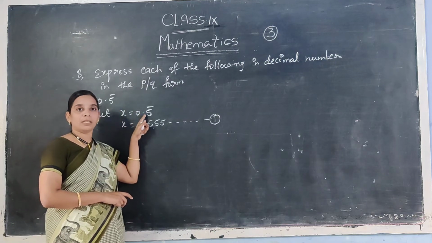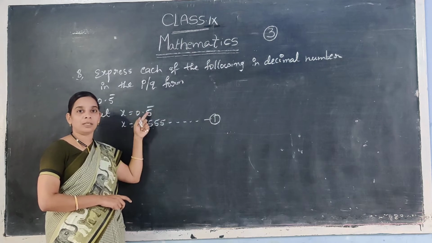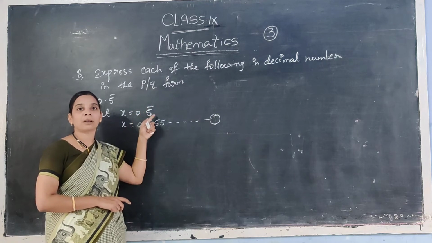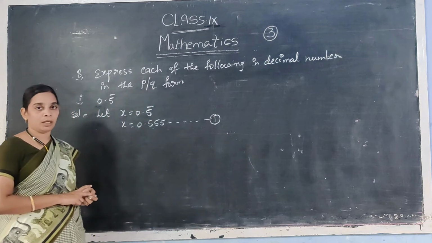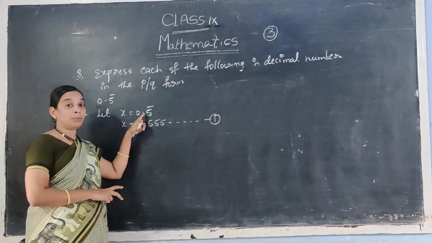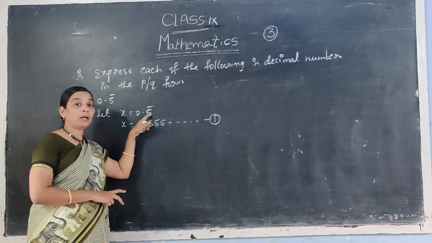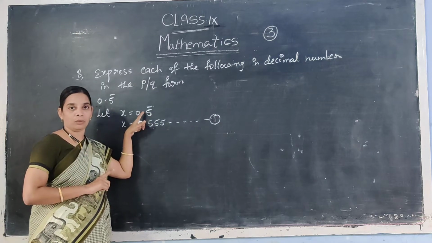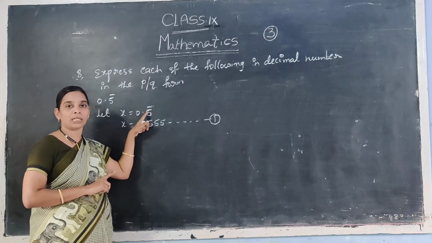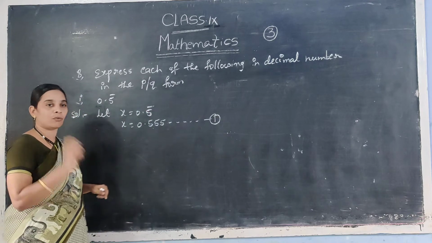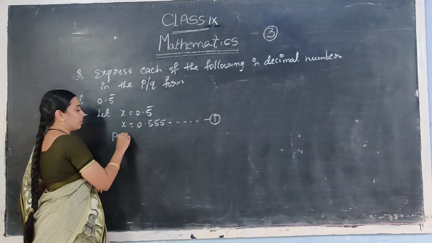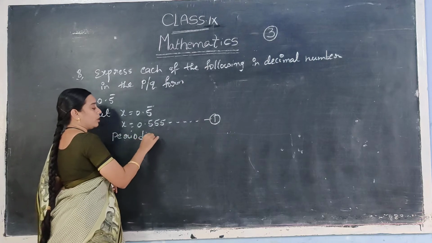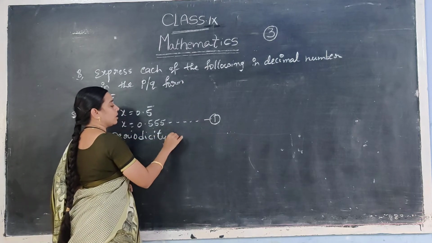The number of digits under the recurring part is called periodicity. Here, how many digits are there? Only 1 digit, that is 5. So here periodicity is 1.